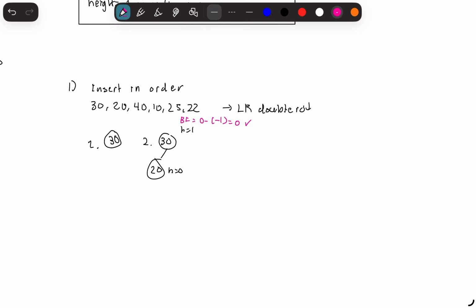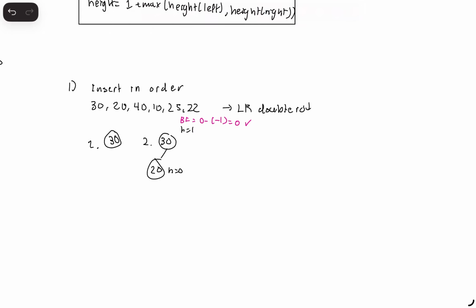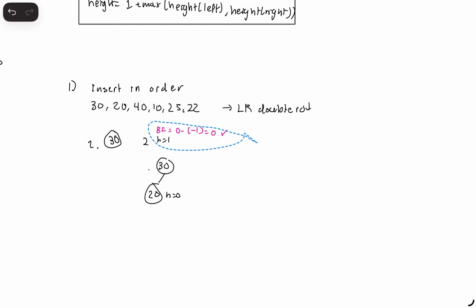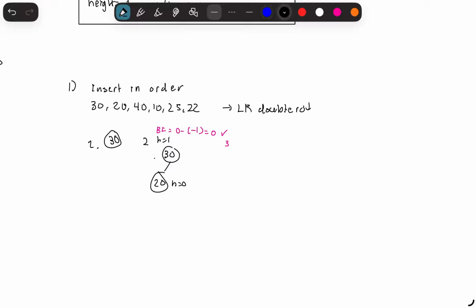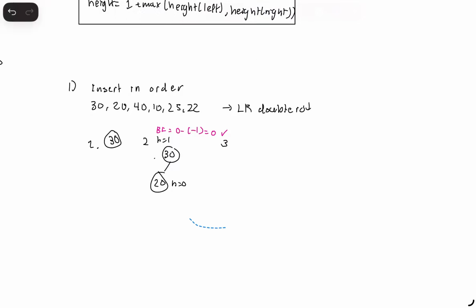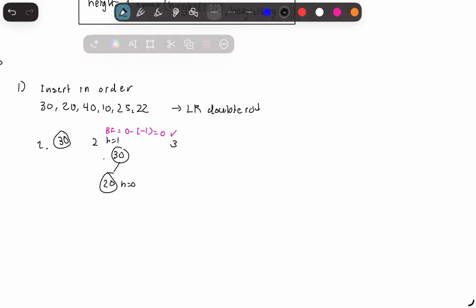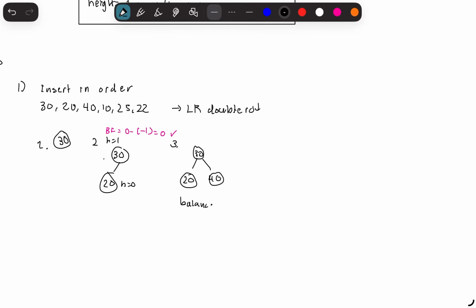That's okay. Now thirdly, you're going to insert 40. So inserting 40, you're going to have 30, 20, 40. We can already see that it's balanced.